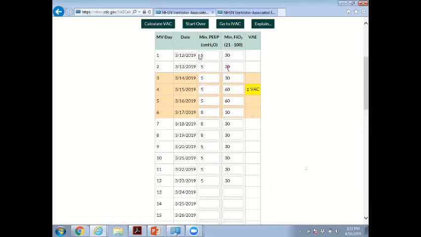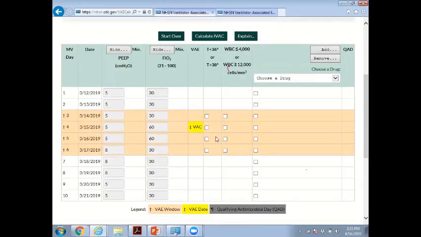Now, if you have VAC, you have to go to the next step, which is confirming if there is IVAC or not. Here it will ask you for more information. Let's say the patient had a rise in temperature of more than 38 or less than 36, and the white count was below 4,000 or more than or equal to 12,000.